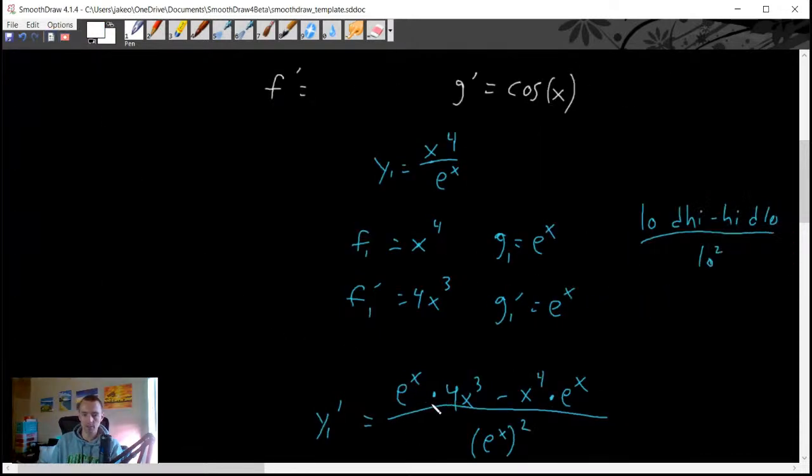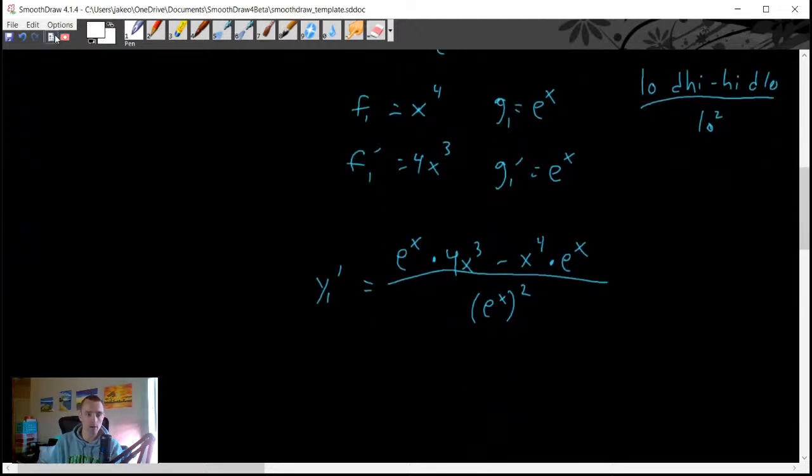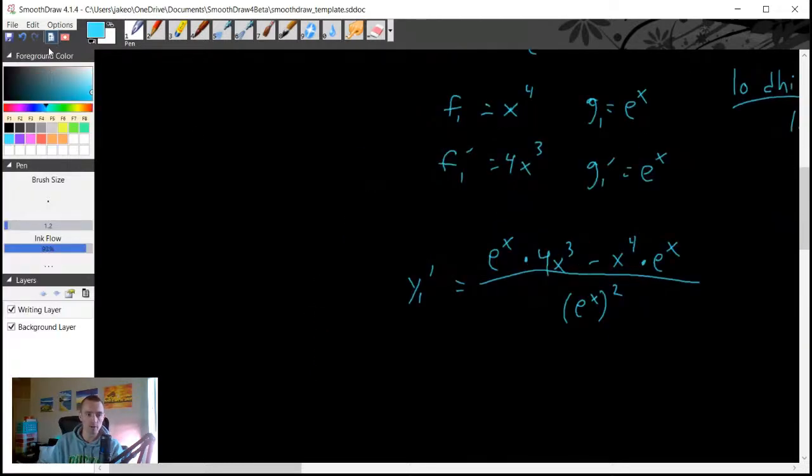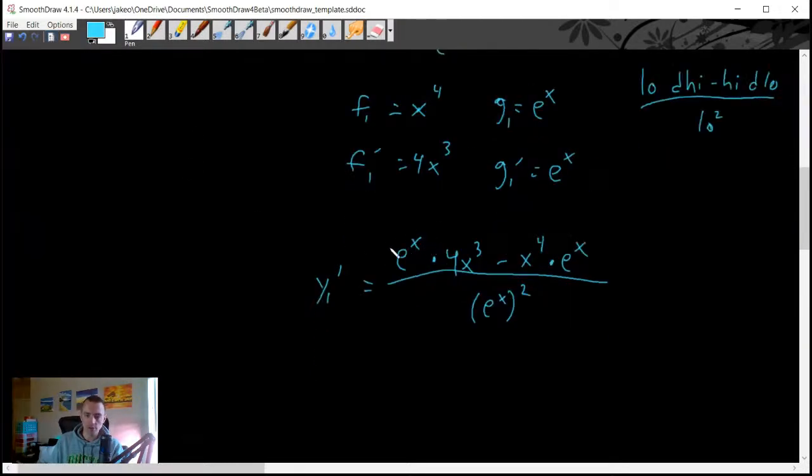Actually, we can simplify this a bit before we do that. Check out what we have here. We have two terms on the numerator of this fraction, two terms on the top. Both of them contain an e to the x. So we could factor out e to the x out of our numerator here. We'd be left with 4x cubed minus x to the fourth.